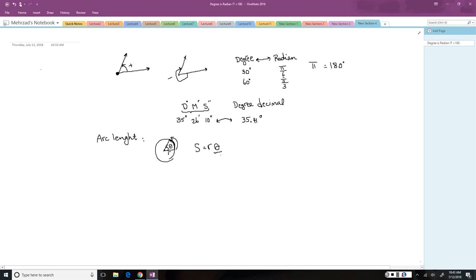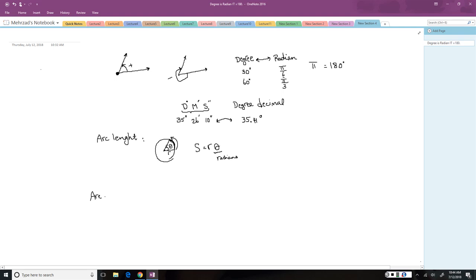However, we need to know that this theta must be measured in radians and used in this formula in radians, not in degrees. This is a very crucial point: if you're solving a question about arc length and the angle is given to you in degrees, first you have to convert it to radians. After that, you substitute it into this formula.